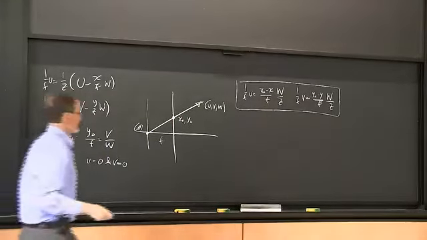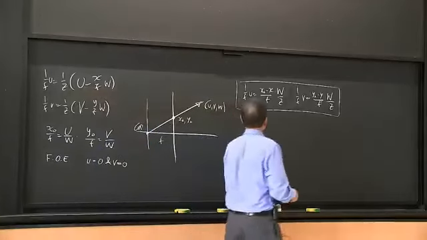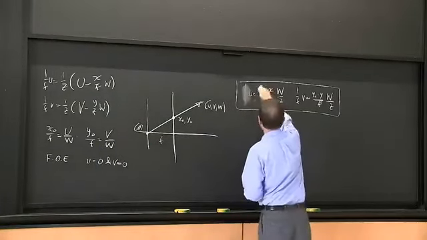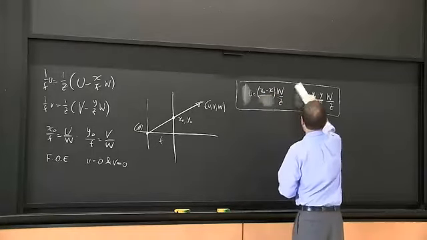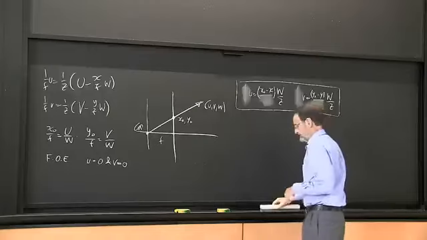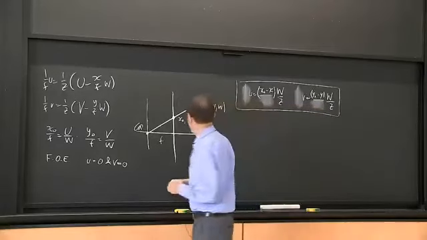One of them is that the f's cancel. So we can do that. And then we actually can get an idea of what the image is going to look like.